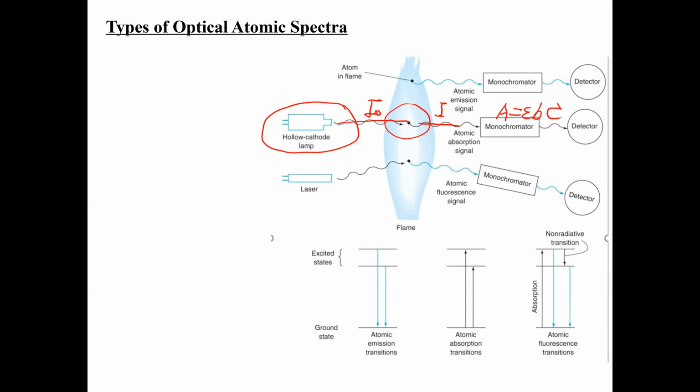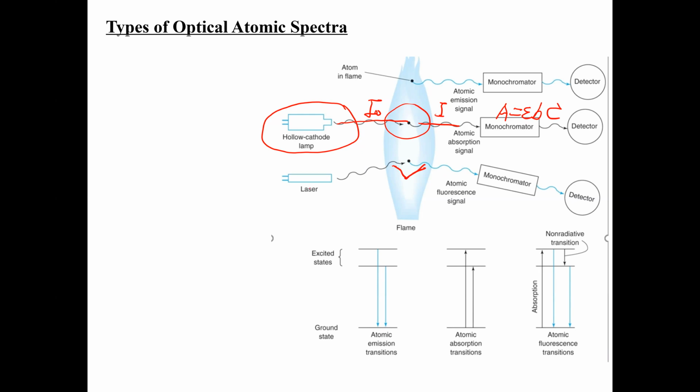to detect. But if you are using fluorescence, you cannot do that in the same line, which is exactly the same as molecular fluorescence. You can see here there's a right angle.